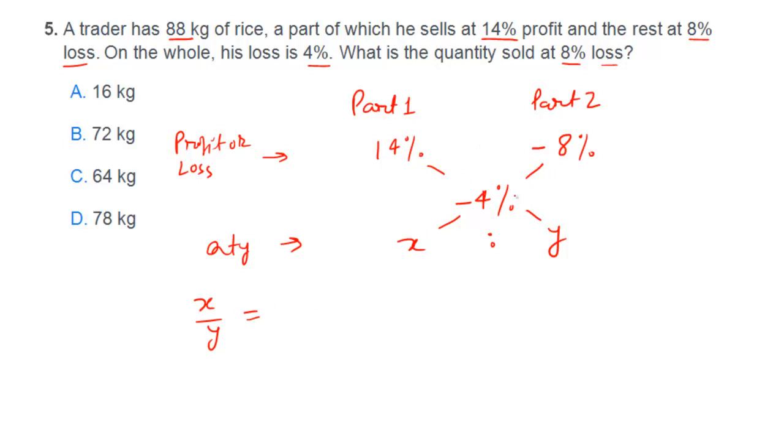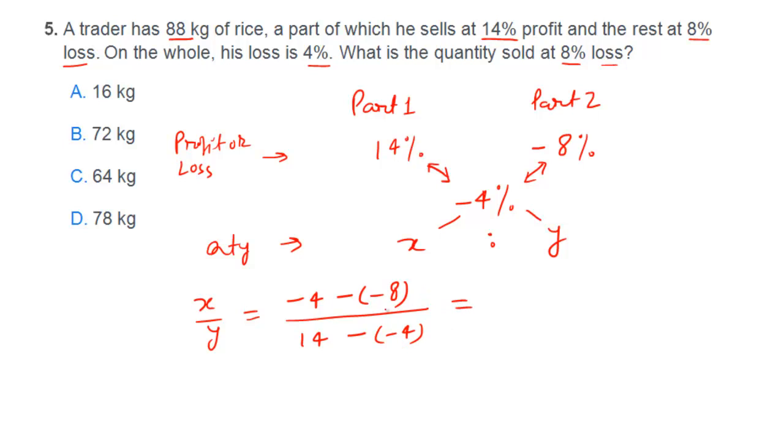So here you will find the difference of minus 4 and minus 8, right? So this should be minus 4 minus 8 divided by, go in the direction of y and take the difference of these two, that means 14 and minus 4. So the difference will be 14 minus 4.